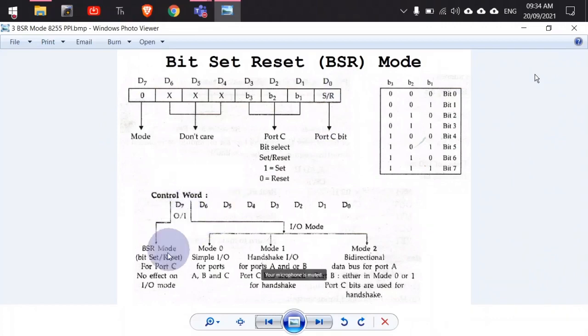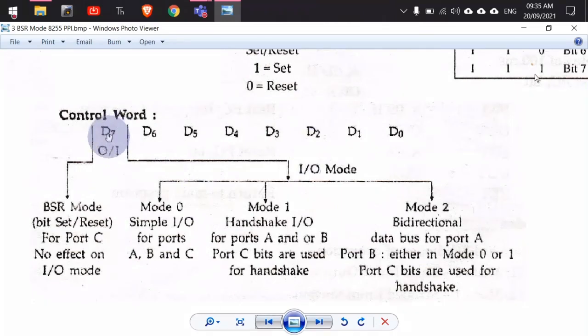Here you can see that it's written that if this D7 bit happens to be 0, then that is bit set reset mode, and it is applicable for port C, and it has no effect on IO mode. This IO mode is applicable to port A, port B, and port C when this is 1. So if this is 0, we are working in bit set reset mode.